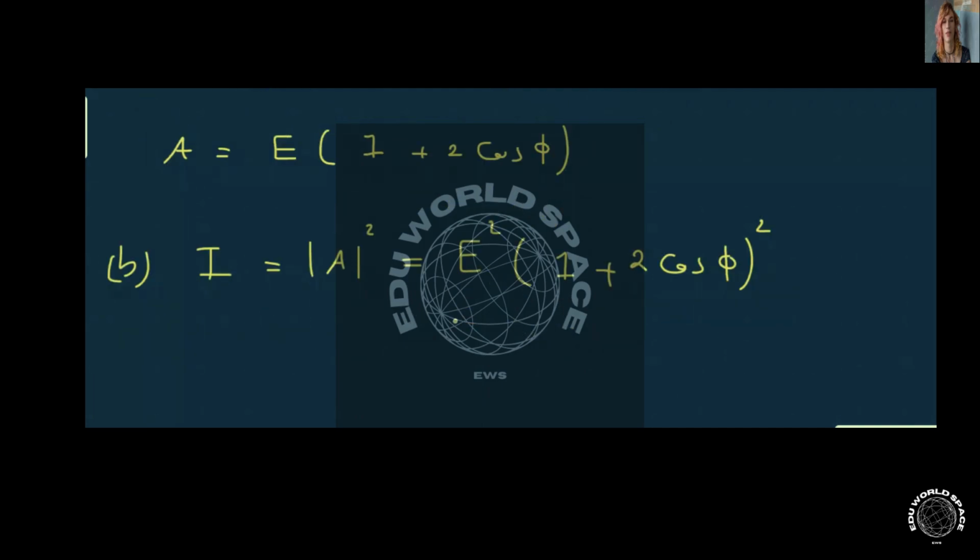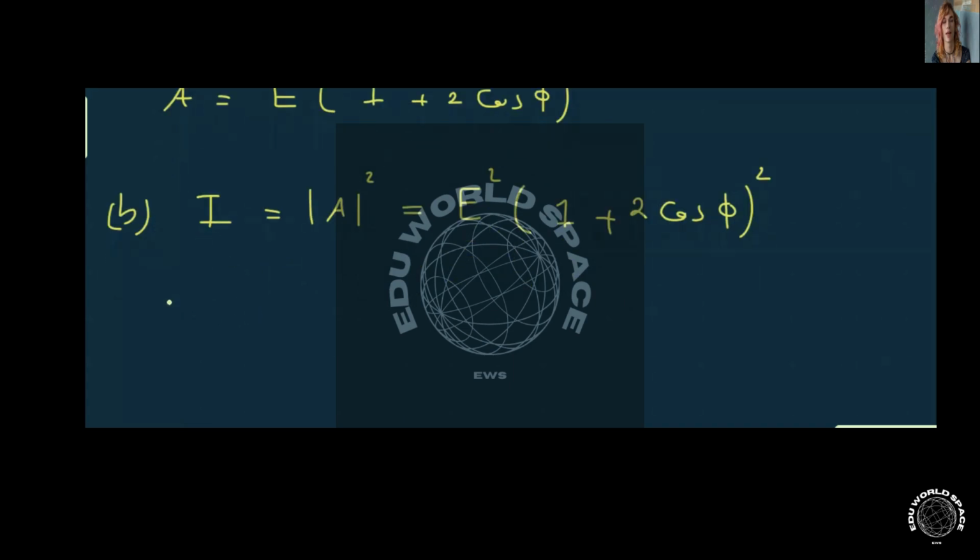But now for the maximum interference pattern, we must have cosine of phi equal to 1, such that this bracket is just equal to 3 squared, which is 9. So here I0, the intensity of the maximum interference pattern, would be equal to 3 squared times E squared, which is 9 E squared.